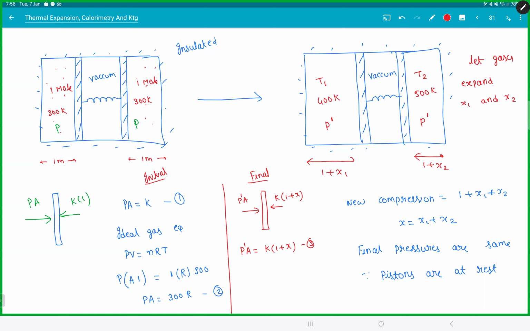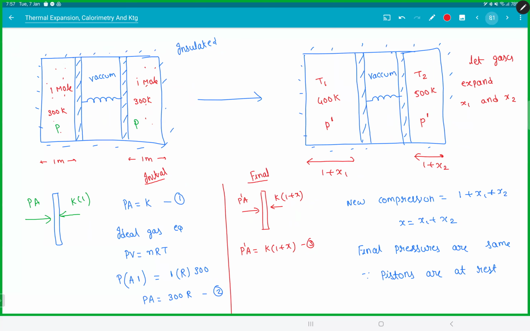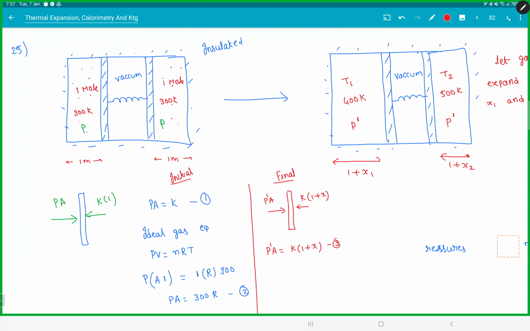And what about the ideal gas equation for the left compartment? For the left compartment, the ideal gas equation will be P dash, volume will be A into 1 plus X1, is equal to number of moles 1, R, temperature is 400.